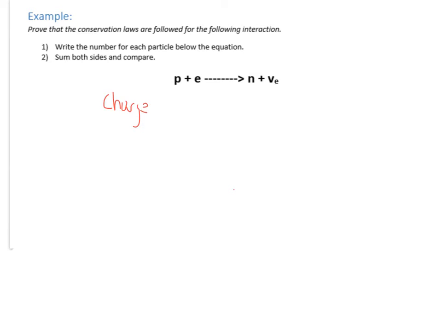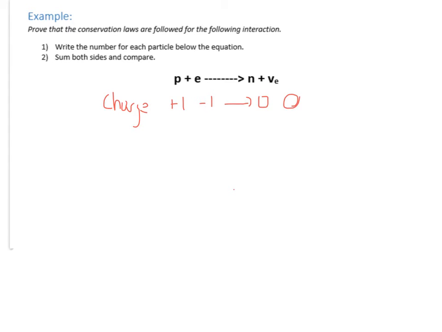The first thing we need to do is write the number of that property for each particle below it. A proton has a charge of +1, an electron has a charge of -1, that goes into a neutron, which has a charge of 0, and an electron neutrino, which has a charge of 0.